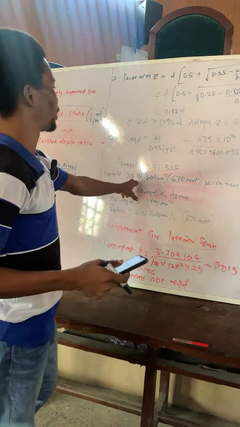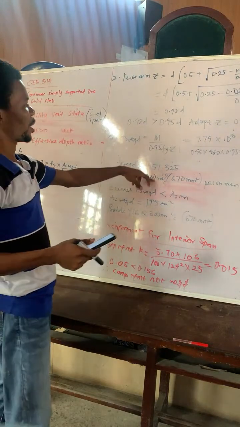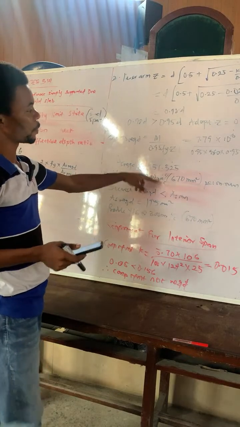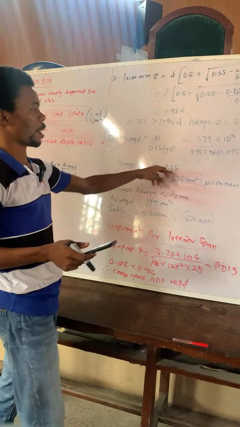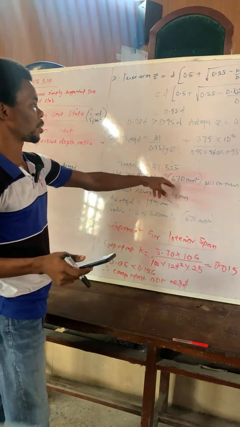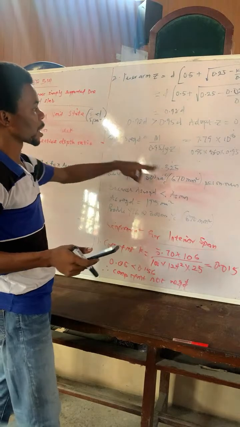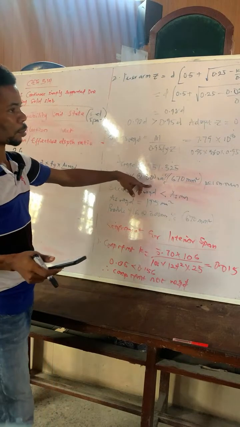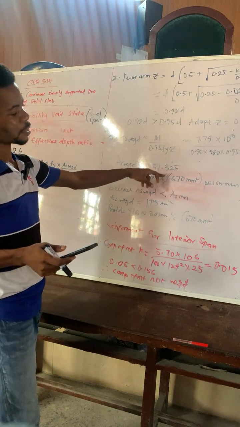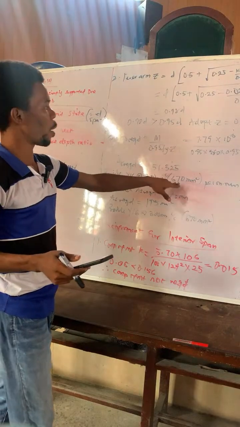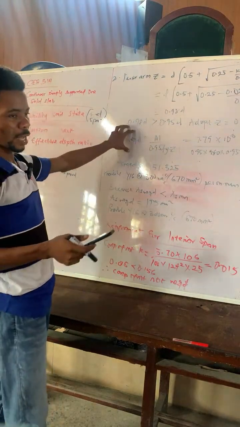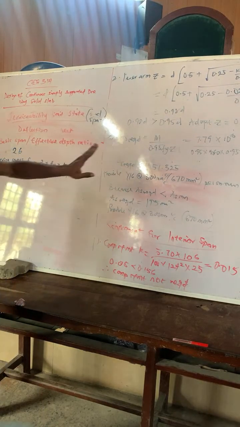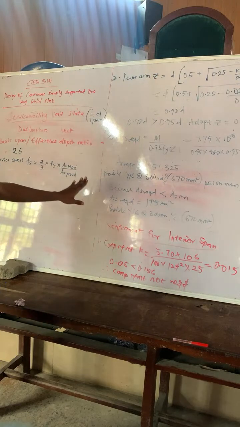Then you check for the closest value to 251.325 after adding 100. It must be greater than, and must not be less than, your As required. It's 670. Then our spacing is under the 300 column, that is 300 millimeters center to center. That 670 is now our As provided for our As required. So when calculating service stress, we go for our As required. We are less concerned with our As minimum. You get?